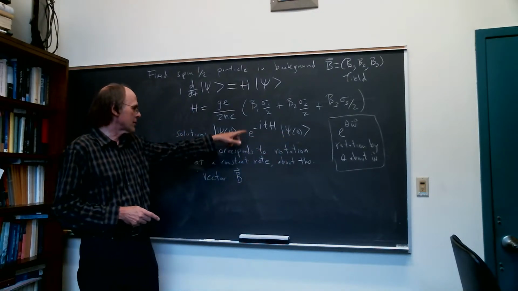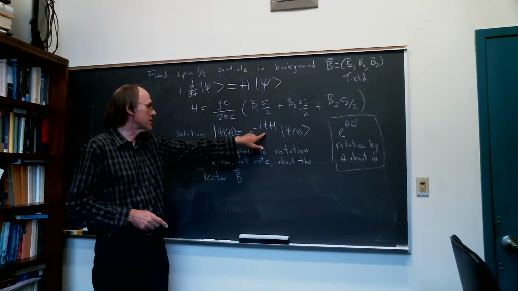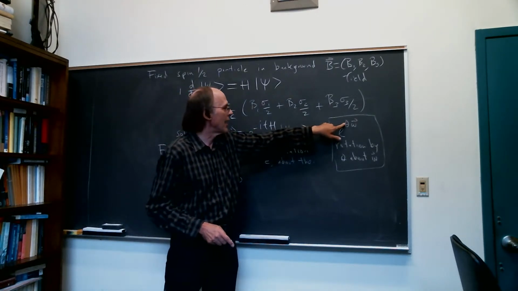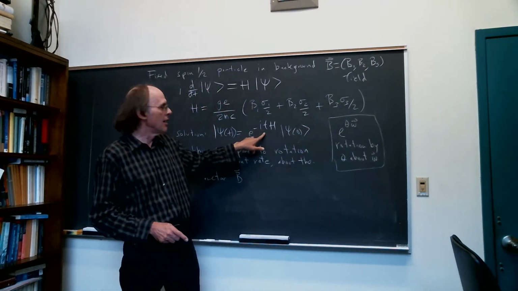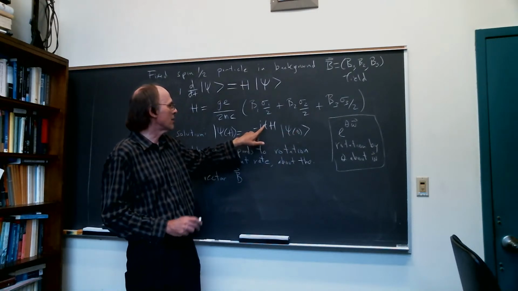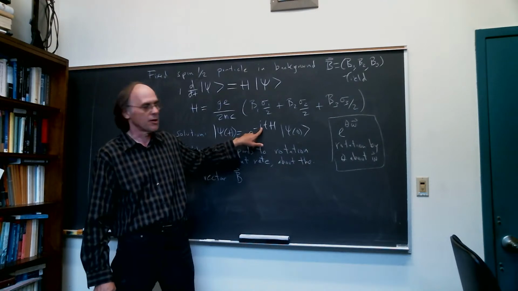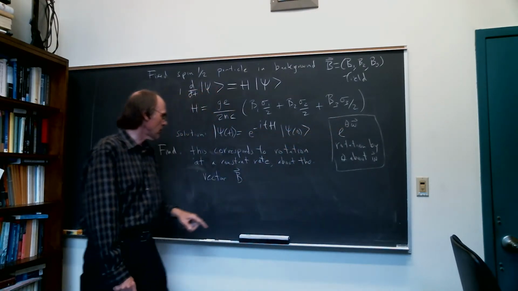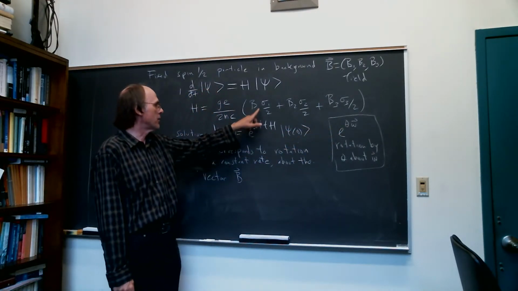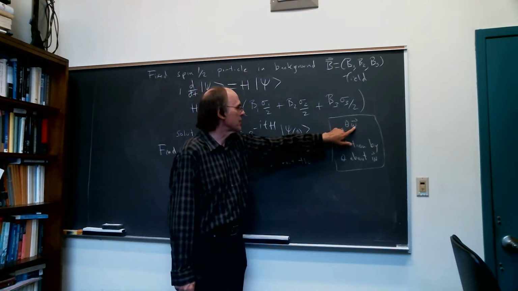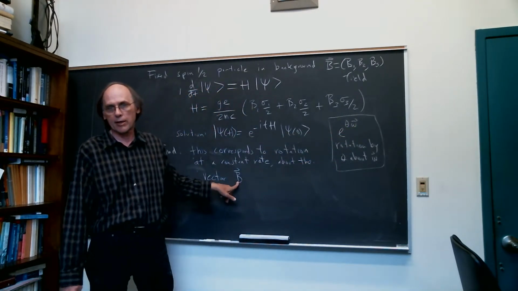Well, the calculation is exactly the same as this one, except instead of an angular variable theta, you have a t. So you're doing some angular thing at a constant rate. And the analog of this vector here is just your b vector.